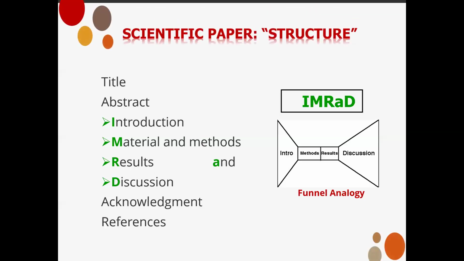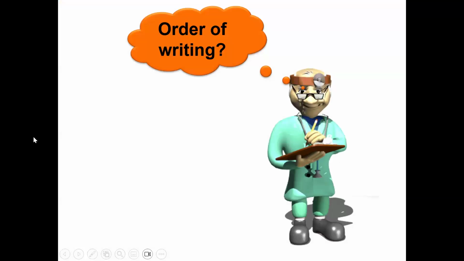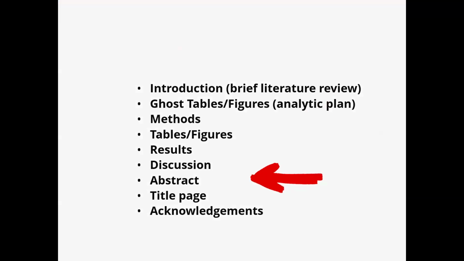Sometimes we call the structure of a scientific paper IMRAD, which stands for the introduction, the material and methods, the results, and the discussion. So the structure of a scientific paper we can follow either as title, abstract, introduction, etc., or as IMRAD. What is the order of writing your scientific research?